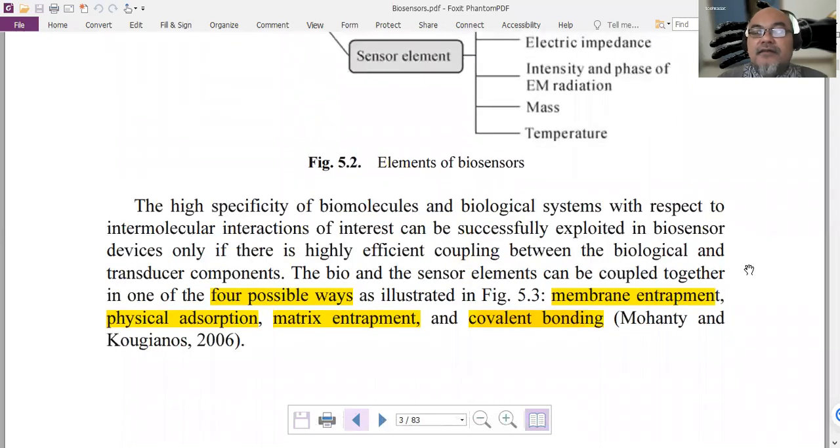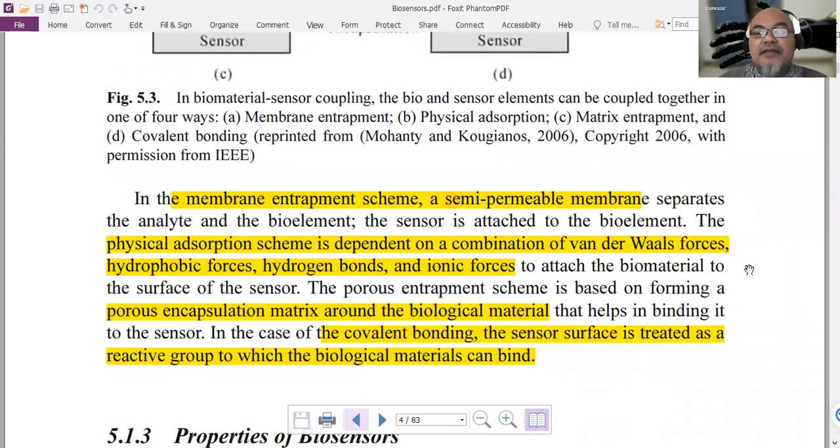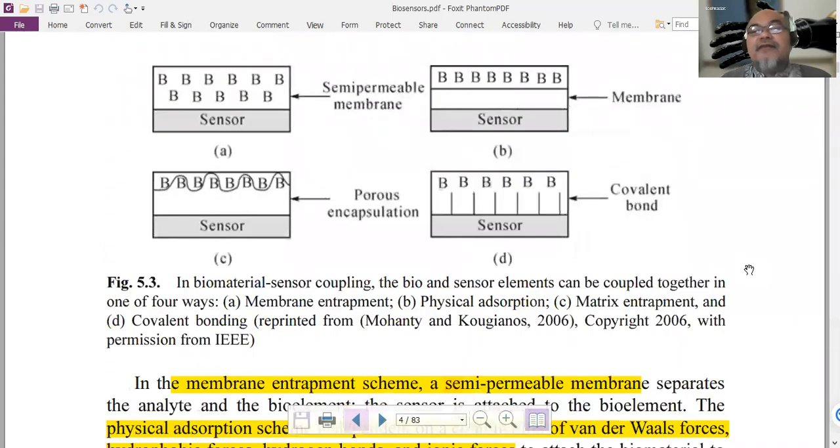The four possible ways are membrane entrapment, physical adsorption, matrix entrapment, and covalent bonding. And we have discussed last week also the advantages and disadvantages of each of these immobilization methods.